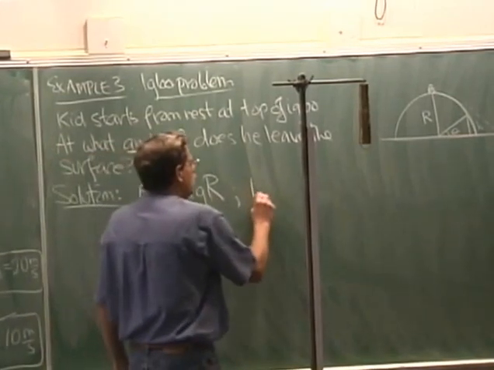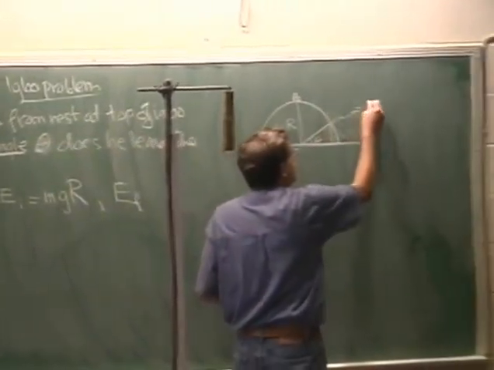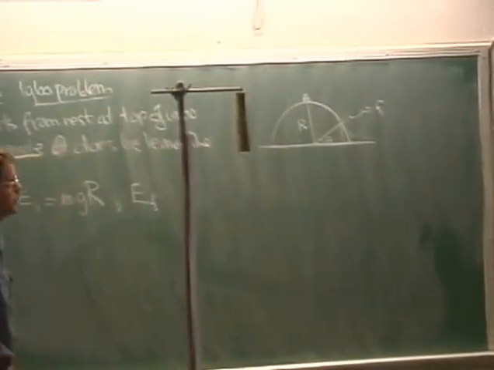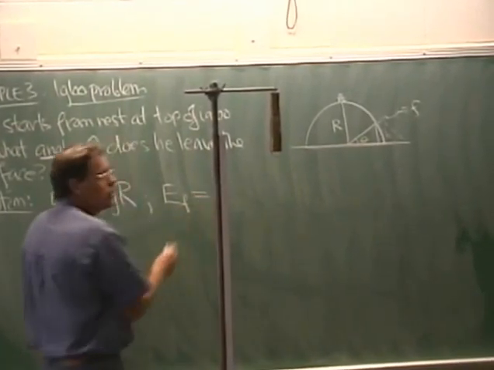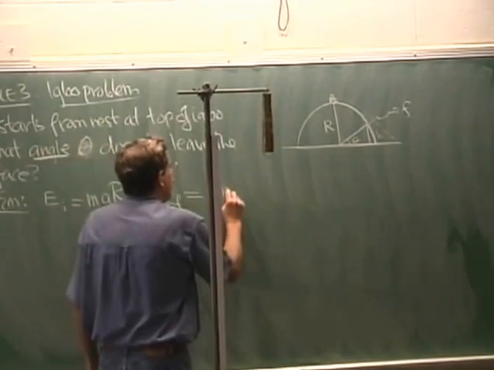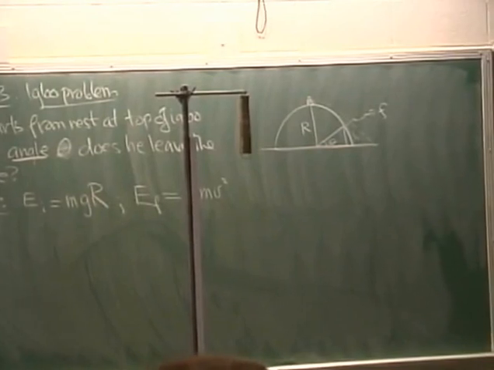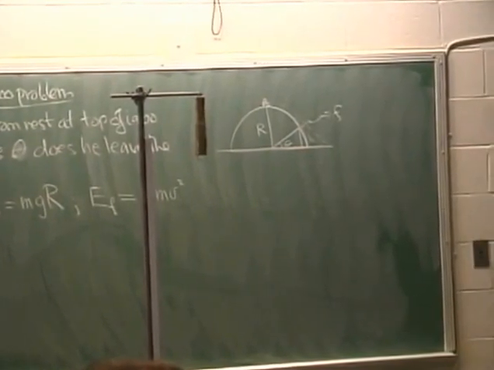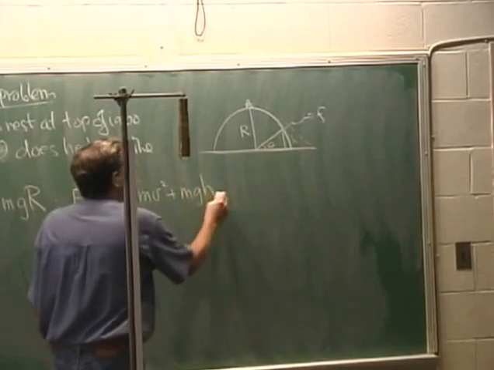Final energy, that's at the moment that he loses contact with the surface. That's the final point. That would be, first of all, he's got kinetic energy, 1/2 mv squared. But he's also got some gravitational energy at that point, mgh.